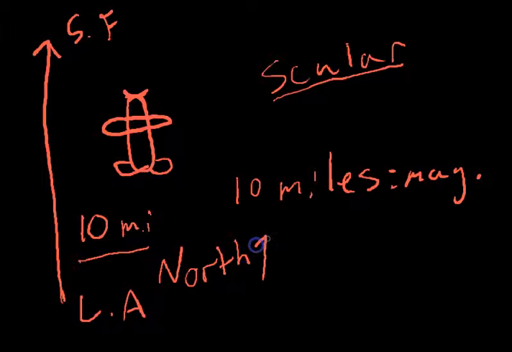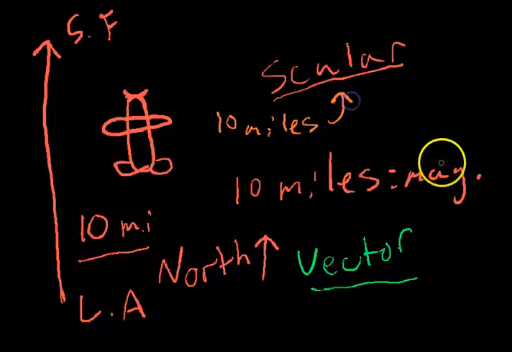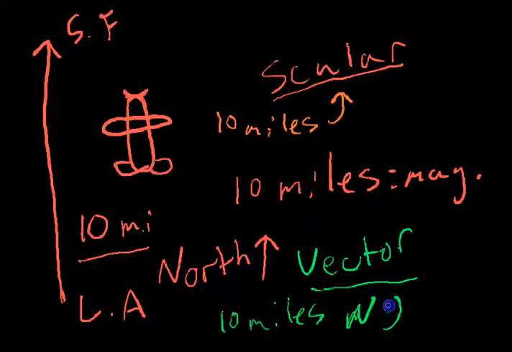So now we can think of that as a vector quantity, right? Vector. So when we're told 10 miles, that's scalar. But when we're told 10 miles north, that's vector.